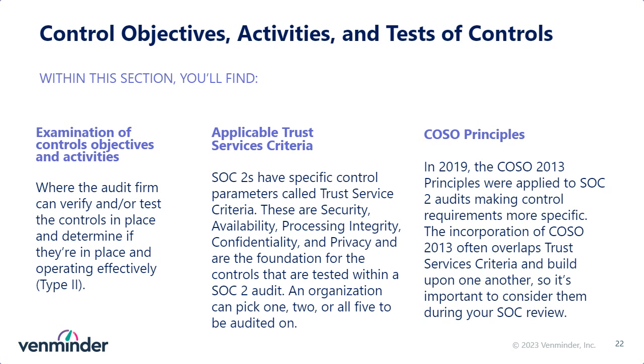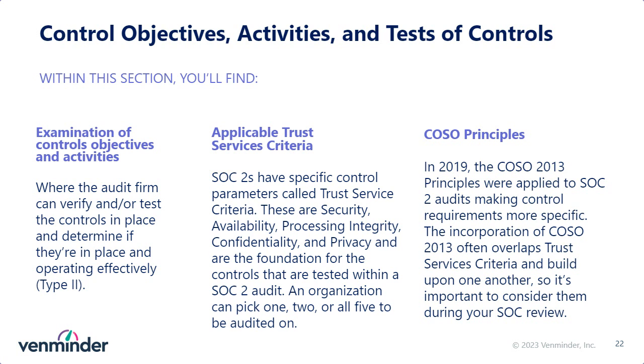In the case of a SOC 2, you'll also find the specific control parameters for the trust service criteria. Trust service criteria are security, availability, processing integrity, confidentiality, and privacy. They're the foundation of the controls that are tested within a SOC 2.